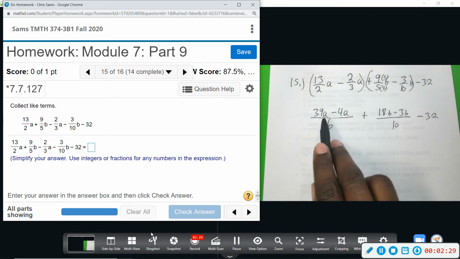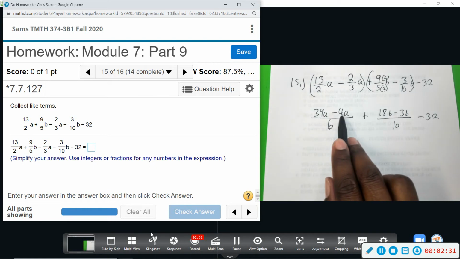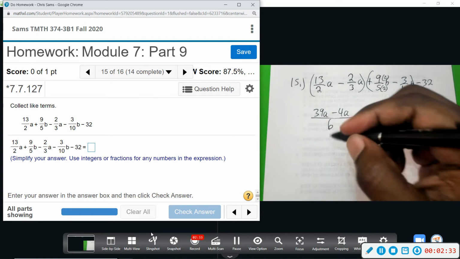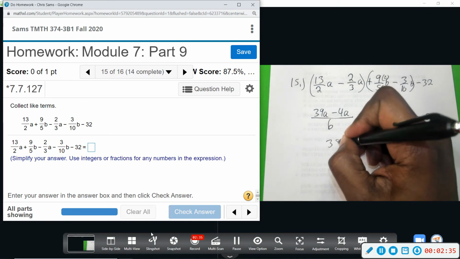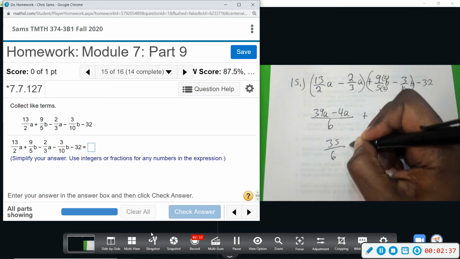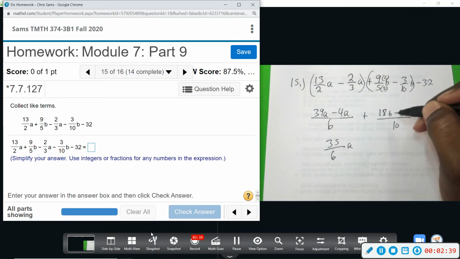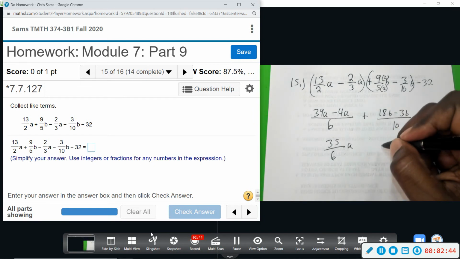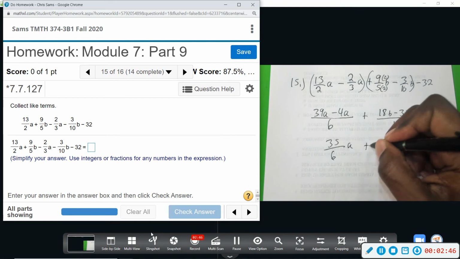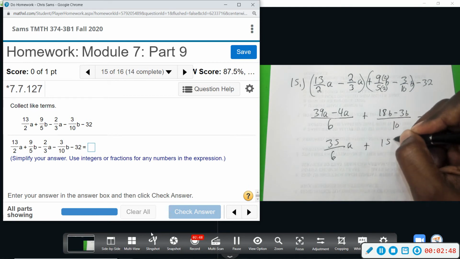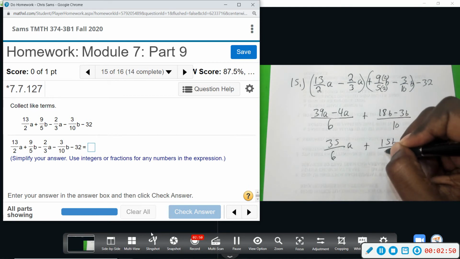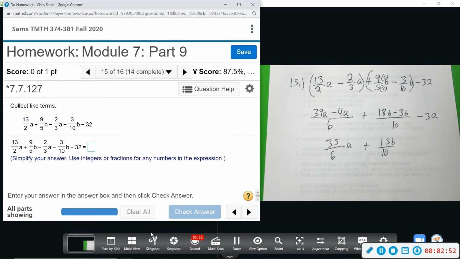All right, so now we're going to do the math. 39 minus 4 will give us 35 over 6. I'll just put the a at the back. 18 minus 3 will give us 15, and it's going to be positive. Should be 15 over 10b minus 32.